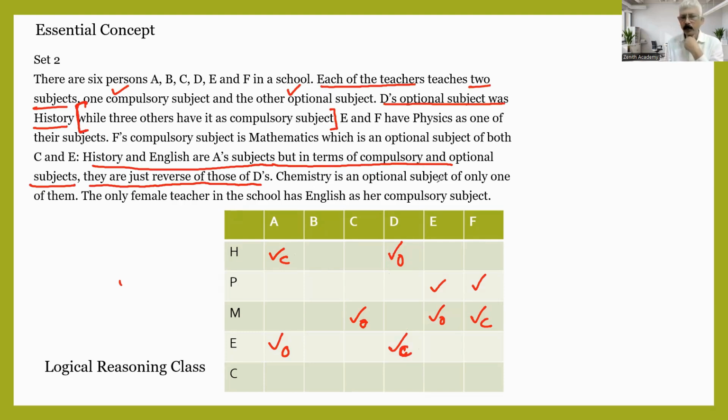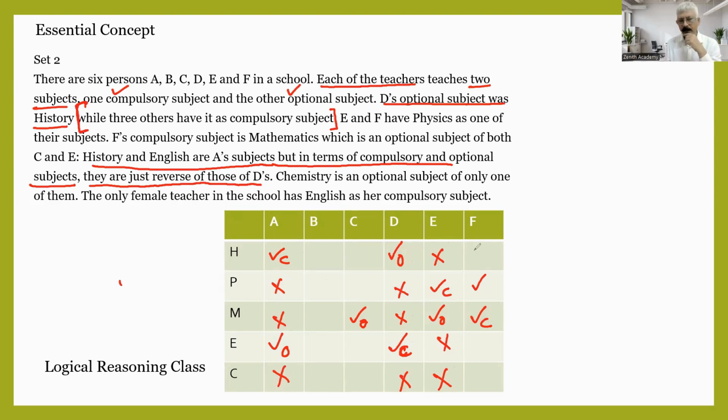Now, chemistry is an optional subject of only one of them. Look here, two subjects of A are decided, so cancel this out. And here two subjects are decided, so cancel out. Of the two subjects, one is optional, so definitely the other is compulsory, so cancel out this and that.